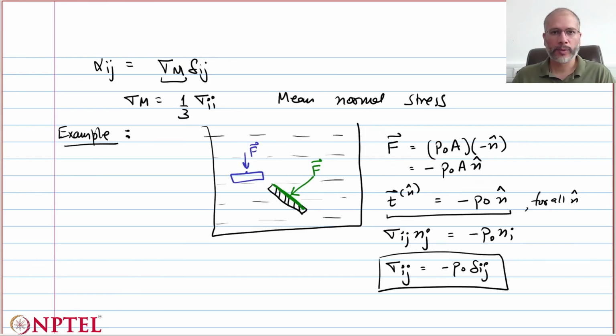And this is an isotropic tensor. So what that means is it's a purely spherical stress. It's directionally symmetric. That is, pressure will apply a force which is the same on any area in the normal direction always. So this is a classic example of a spherical state of stress.